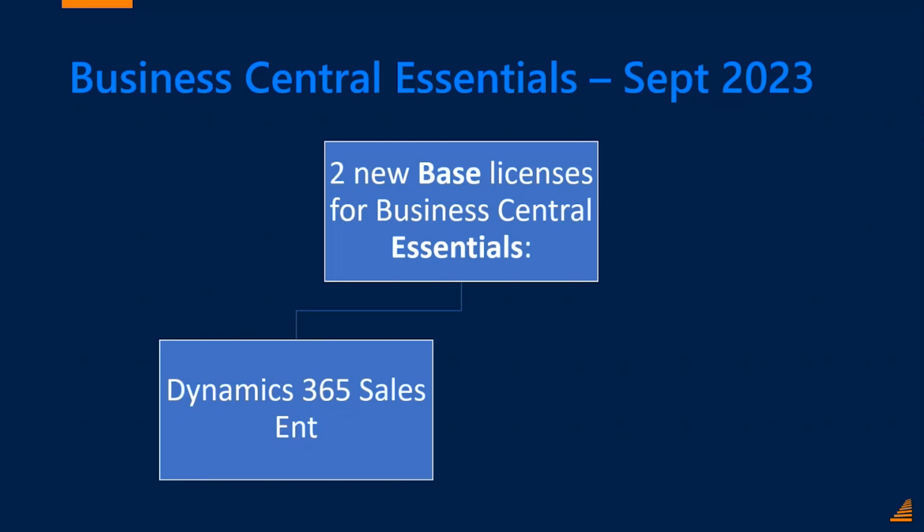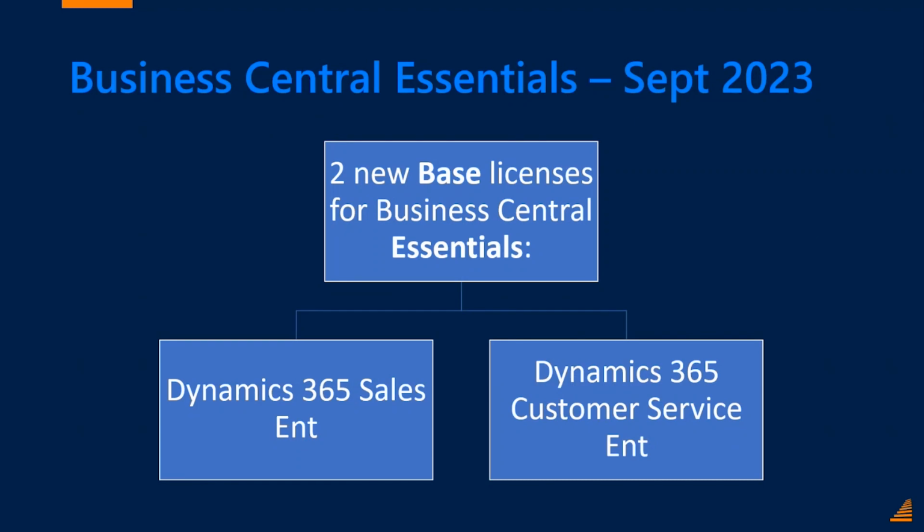And this is if you have Dynamics 365 Sales Enterprise or Customer Service Enterprise, you can now acquire Business Central Essentials as an attached license on top. So for organizations with different needs, and they have Dynamics 365 and they have Business Central, they're now able to acquire these in what should be a slightly more cost-effective manner.